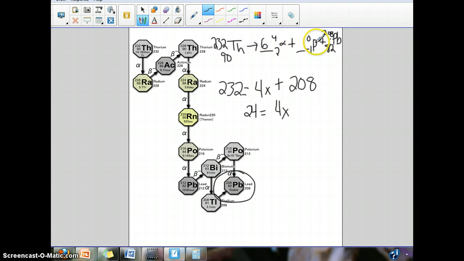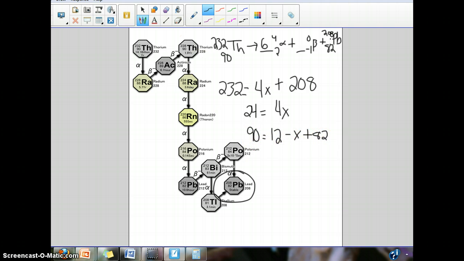Okay, all right, now we can go back and find our beta decays. So now we're going to use the bottom number. So we got 90 equals 6 times 2 is 12. 6 times 2 minus x plus 82. Okay, so we got 90 equals 12 minus x plus 82.